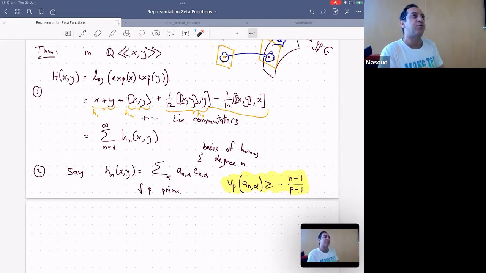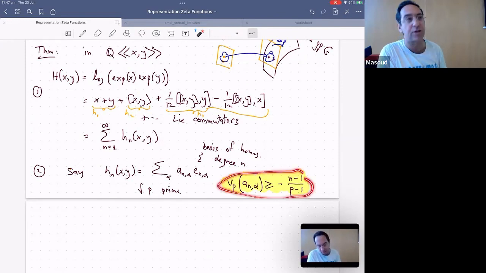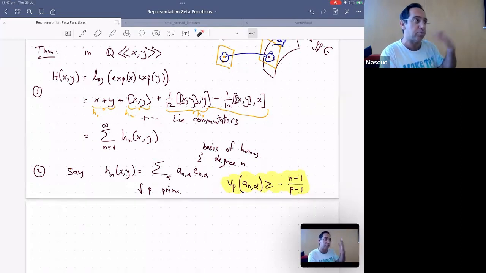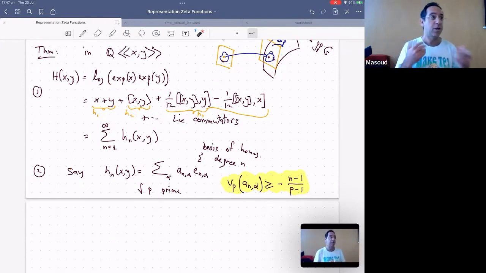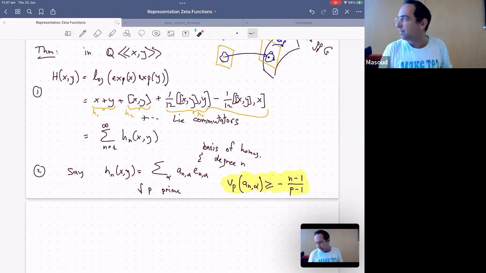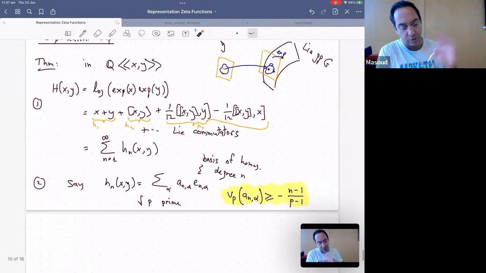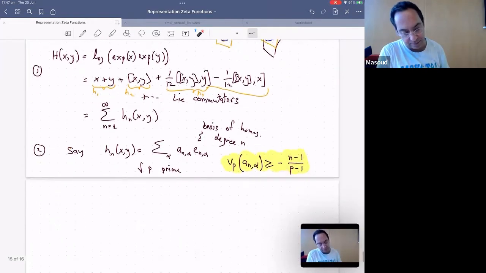But if you're Roger Howe and you want to do a Kirillov orbit method for the p-adics, then you stare at this condition here, and you take your favorite p-adic group and try to work out what can go wrong, and then nothing goes wrong. You can just do it. That's not precise. Some things can go wrong. What can go wrong is that this beautiful Lie correspondence can be a bit tricky.